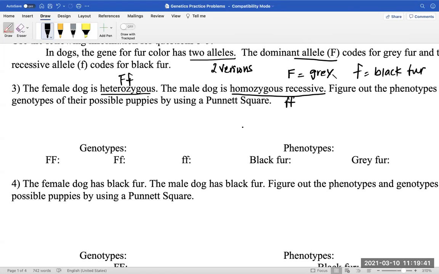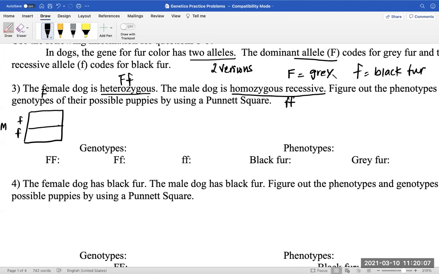So do you guys understand this, or do you want me to continue doing the Punnett square for this? Okay, we can just see one. I'm going to put male dog here and female up top. Need a little more space. For male, we had little f, little f.